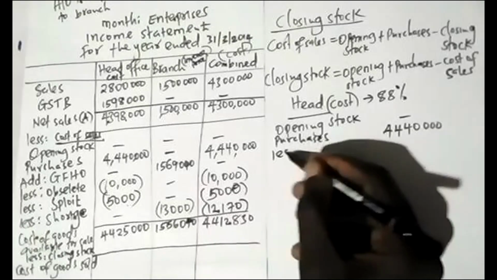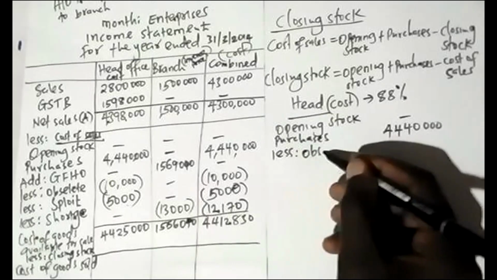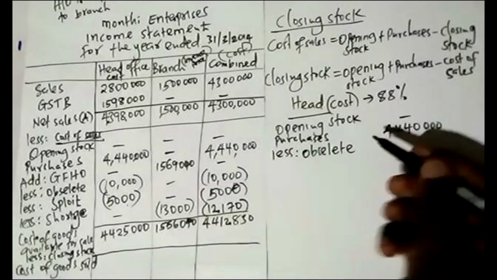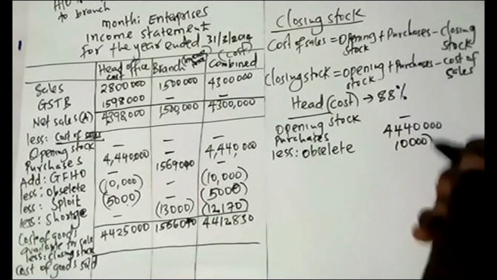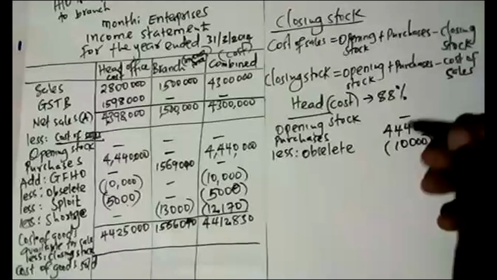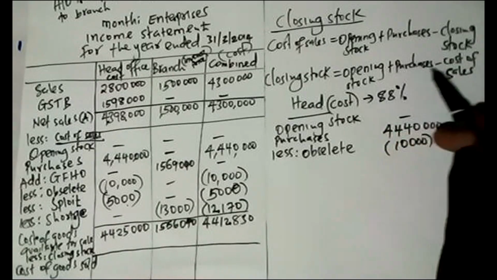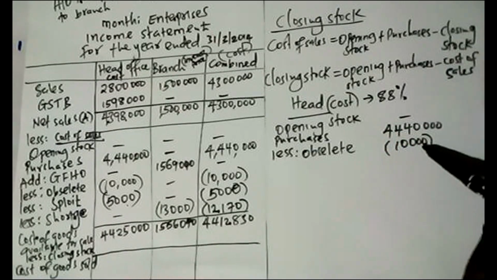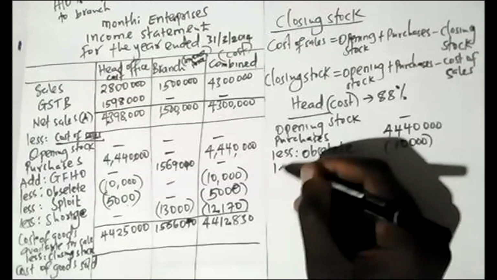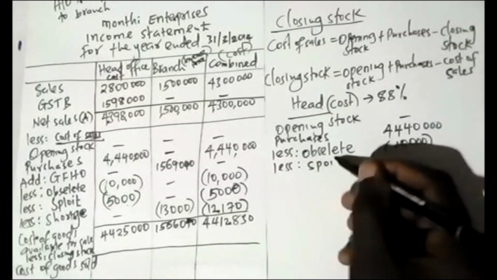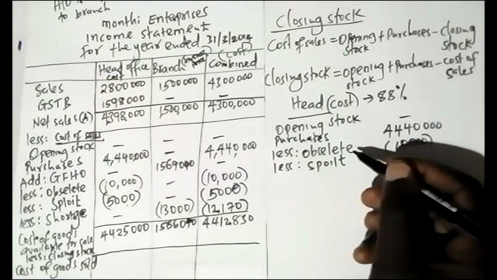So let me first raise the obsolete, because some goods were obsolete under the head office. Obviously, we have to reduce this stock. Even if it's not appearing in this formula, these are the adjustments I have to make. Obsolete, we raise spoiled, because it's the same stock which was spoiled.